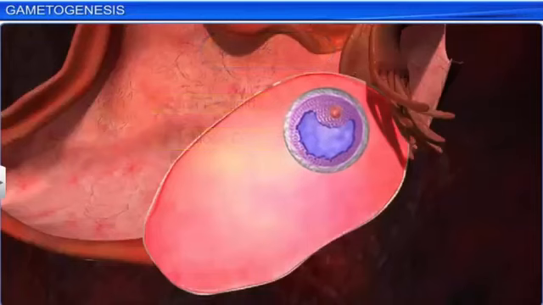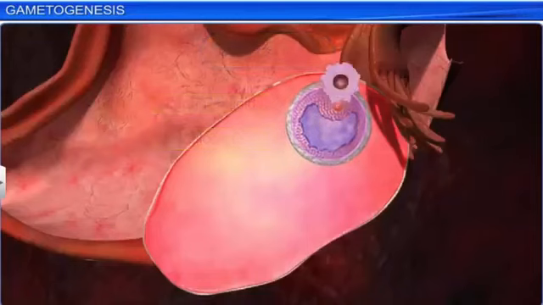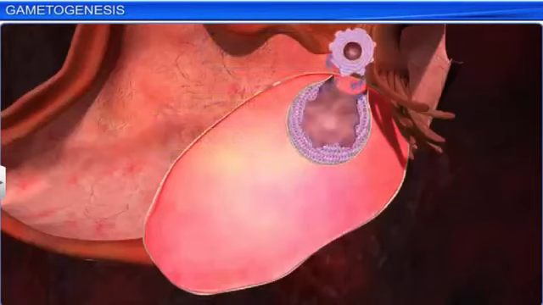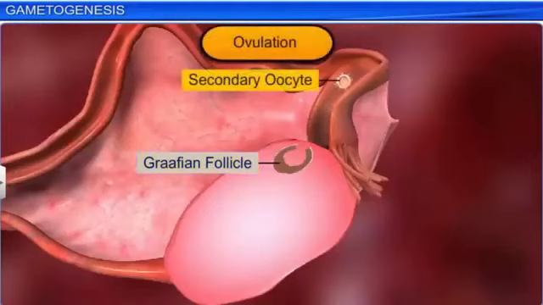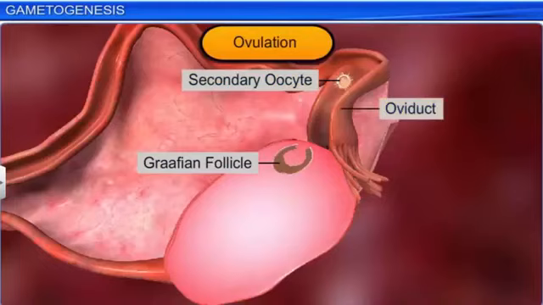The secondary oocyte or ovum is released from the Graafian follicle when it ruptures due to a surge in LH in the body. This process, called ovulation, causes the oocyte or ovum to be placed in the oviduct, where it awaits fertilization by sperm.